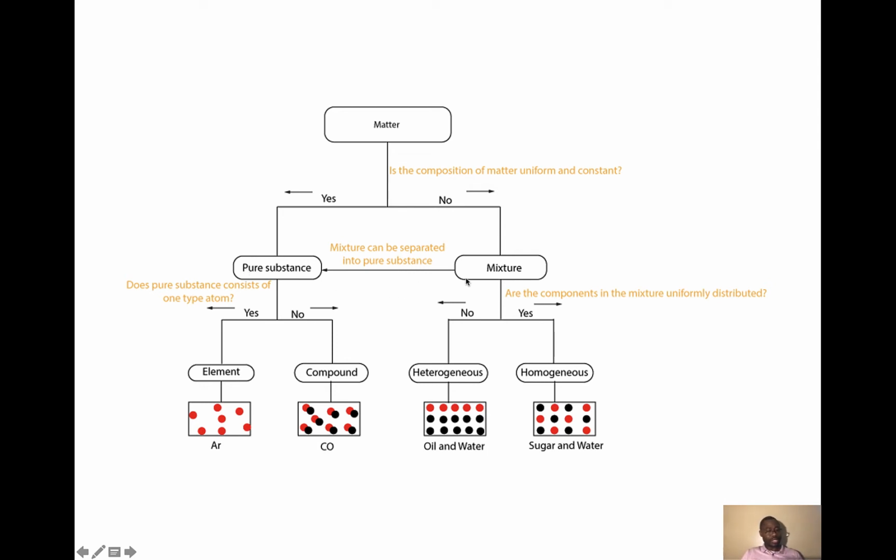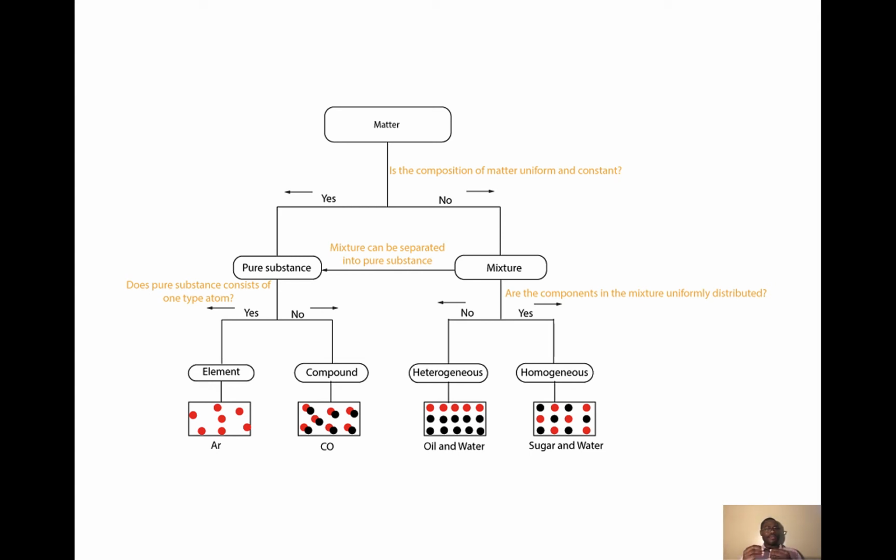The reason is that you can have a substance that is uniform throughout, but the composition is not constant. For instance, if you have a solution of salt or a solution of sugar, it is uniform throughout, but it does not have a fixed composition.